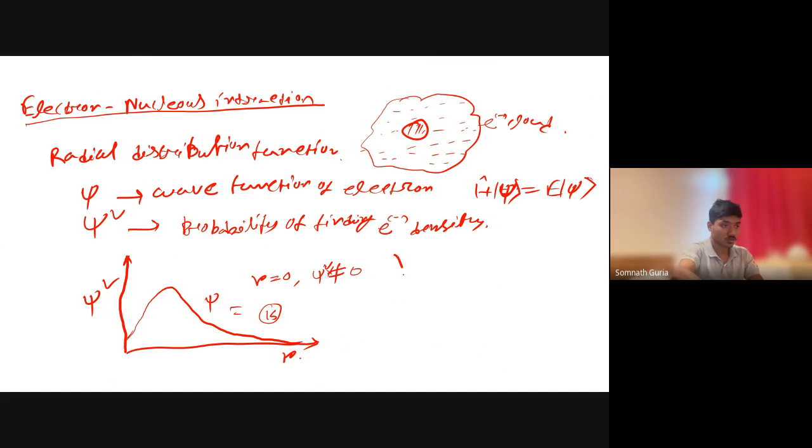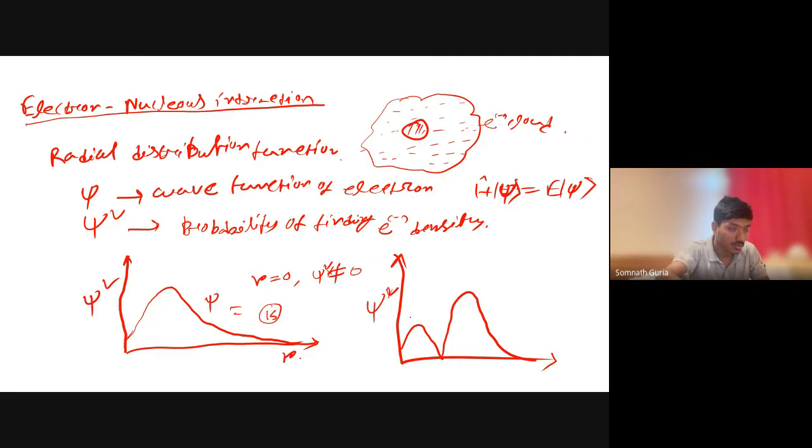And for the 2s and 2p: this is psi square for the 2s, and the 2p looks like this, starting from 0. The blue one is the 2p.